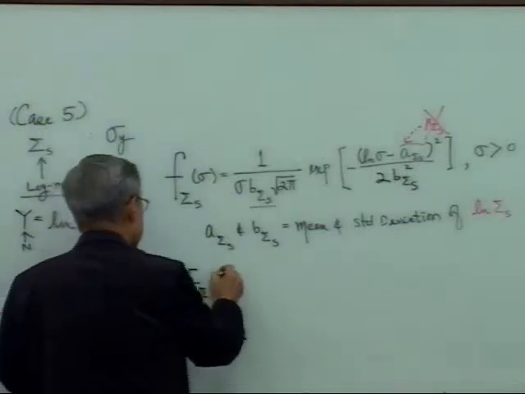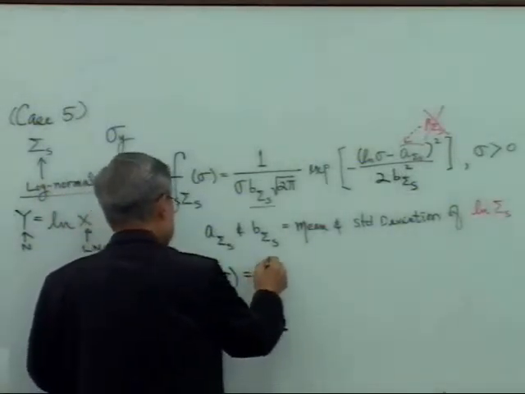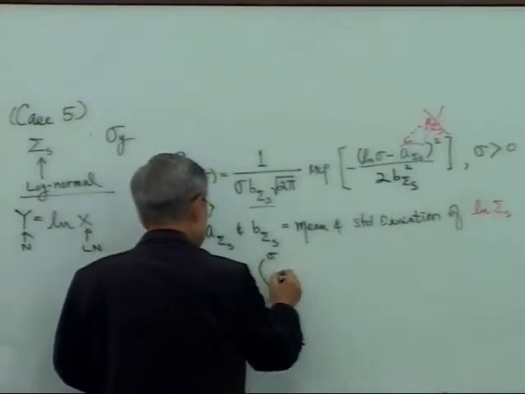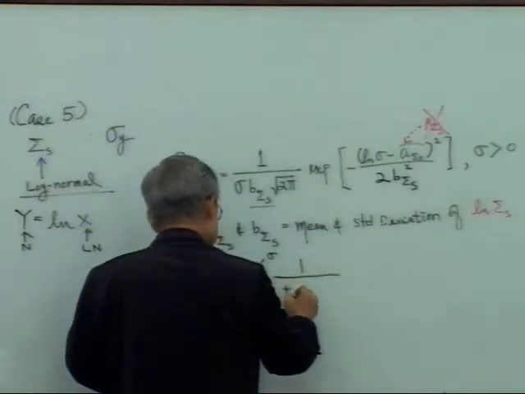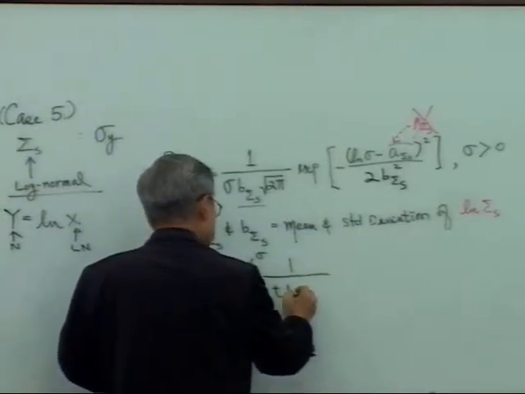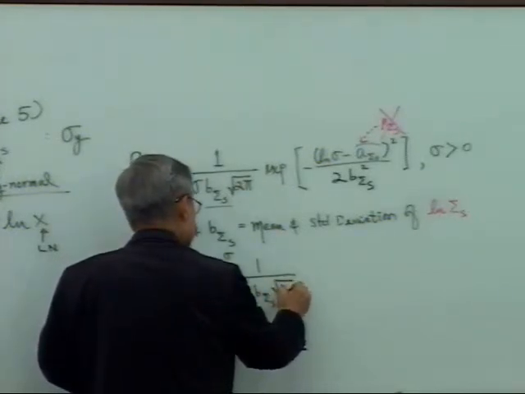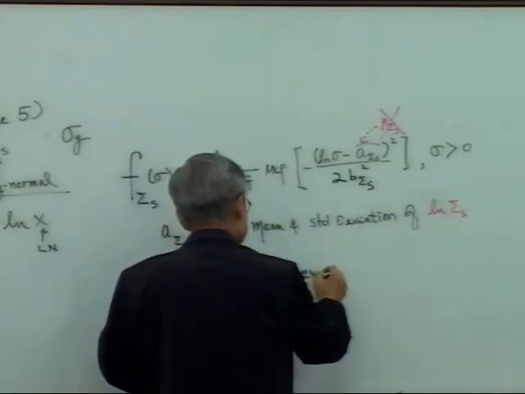Sigma S, sigma equal to 0 to sigma 1. I'm going to use t, B sigma S, square root of 2 pi, exponential function.